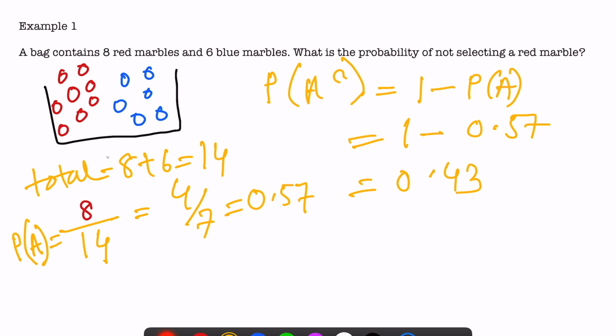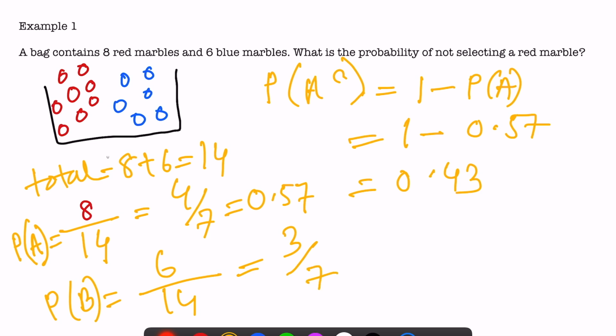Probability of not selecting a red marble means probability of selecting a blue marble. So we have 6 blue marbles out of total 14 marbles, right? So this is basically 3 out of 7, so that also will come around 0.43.